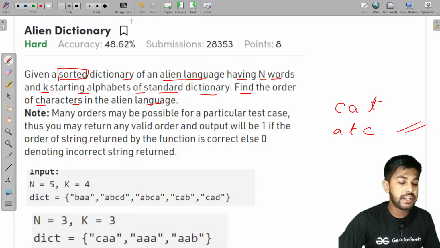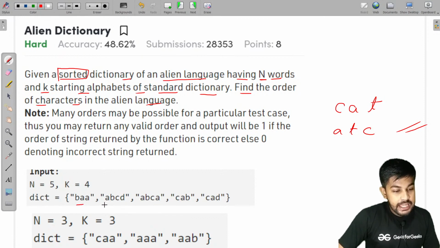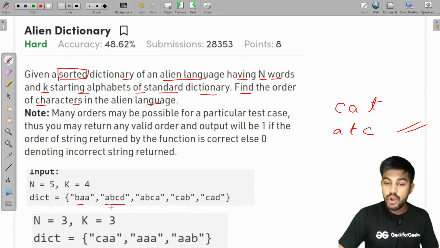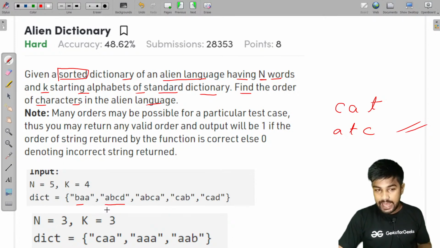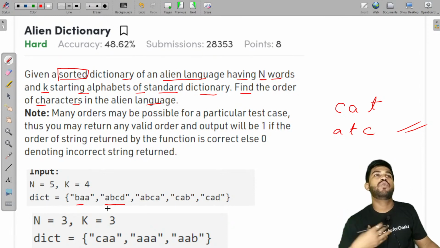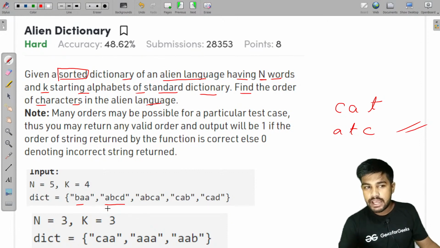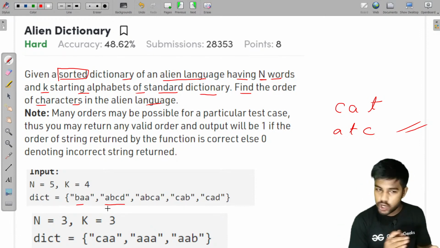I would be telling you with the help of an example. Okay, so there is BAA and ABCD. What is the normal dictionary order? Dictionary order is that the smaller element would come before the greater element. If I want to find the meaning of a word that starts with the alphabet A, I would start finding at the beginning of the dictionary, not at the end.